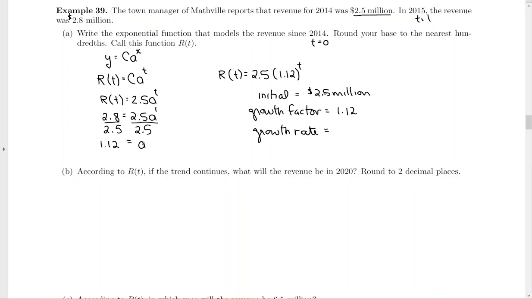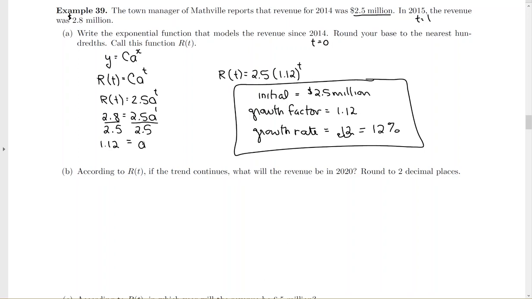Your growth rate, remember, the 1 includes the initial amount. Your rate is the extra there, 0.12, which is 12%. Move the decimal over 2 places to the right. So the growth rate is 12%. The growth factor, 1.12. These are just some extra fun facts for the problem, but they'll help you out with some homework questions later on.